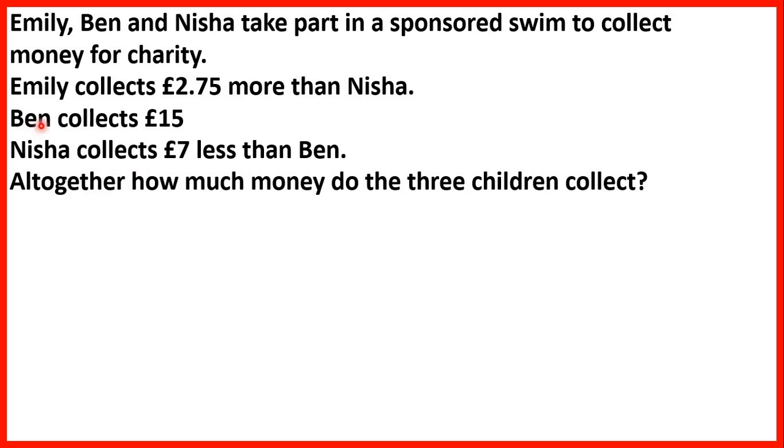We know that Ben collects £15, and if Nisha collects £7 less, we can subtract £7 from £15, so that means Nisha collects £8. We also know that Emily collects £2.75 more than Nisha, so that's the £8 that Nisha collects plus another £2.75, which gives us £10.75 for Emily.